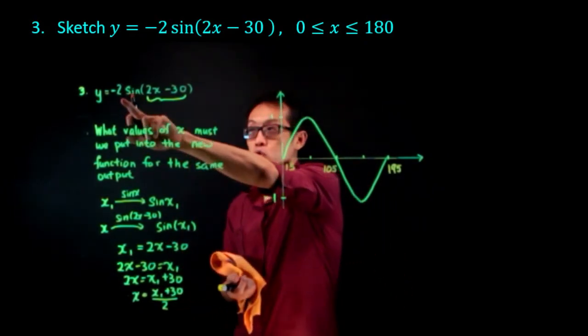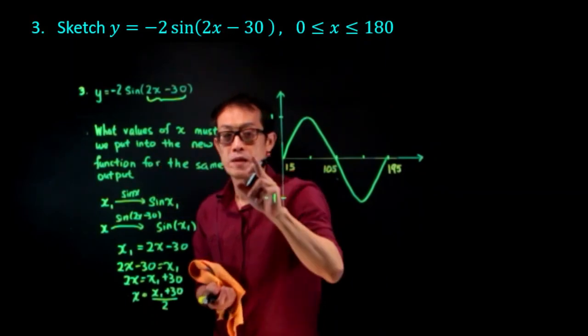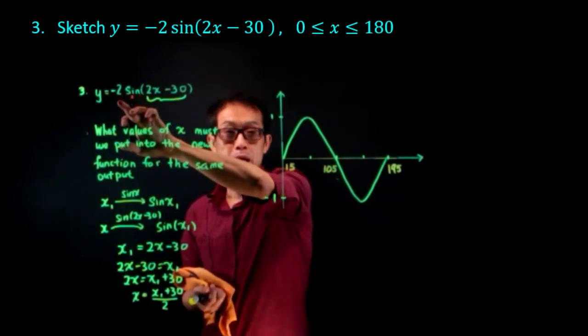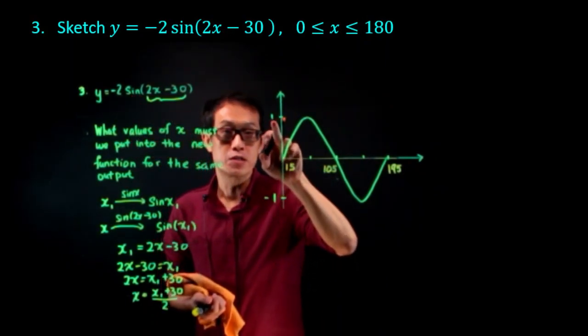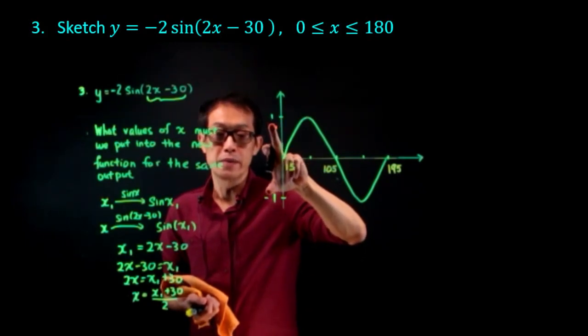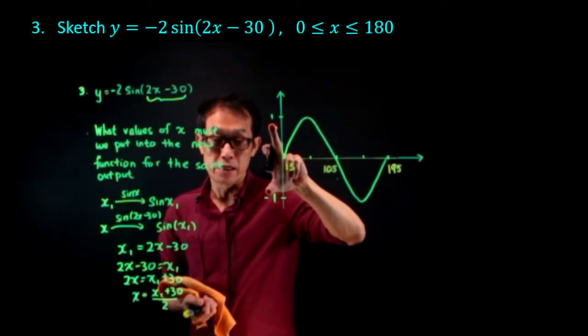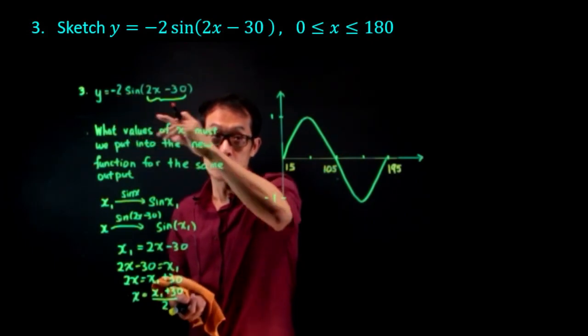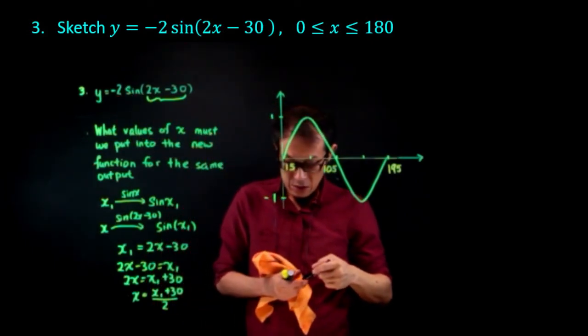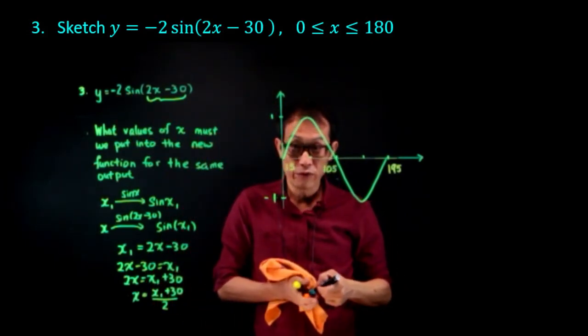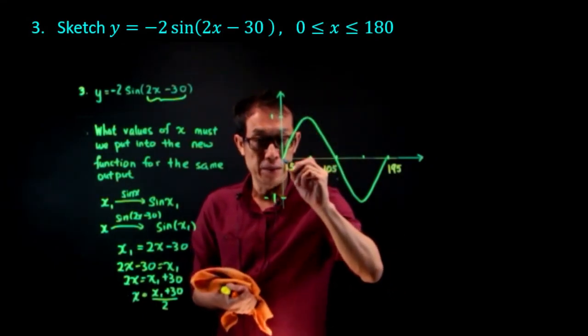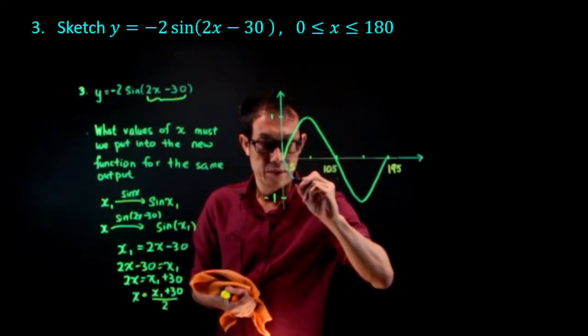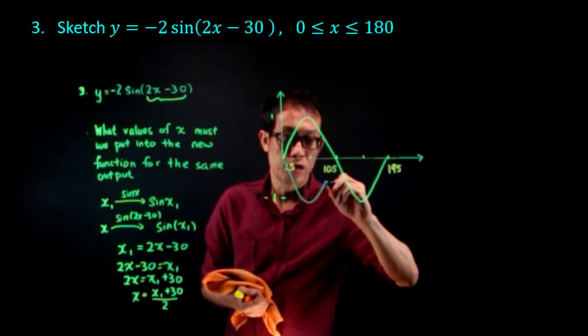Now, how about these two? Now, we multiply by 2. So this coordinate will be 2. And this will be minus 2. But there's a minus sign here. So we must flip the graph. So how does your new graph look like? So after being flipped, your graph will look like that.